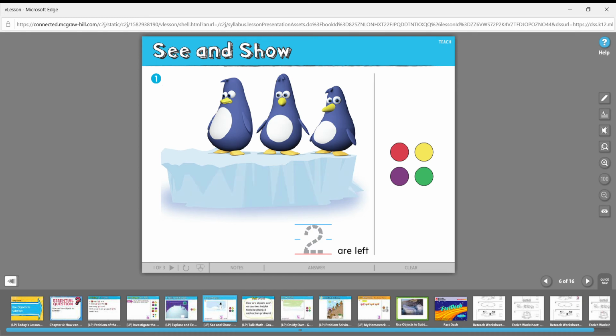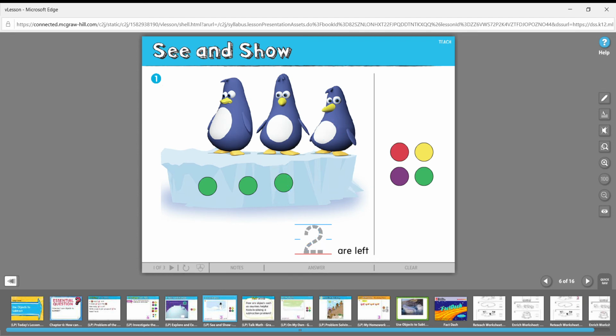So let's do that. 3 penguins are on an iceberg. 1, 2, 3. 1 penguin got tired and went away. X out 1. How many penguins are left on the iceberg? Well, if we X out a penguin, how many are left? 1, 2. 2 penguins are left. So you trace over that number 2. Okay. So that's what you're going to do for each one of these.